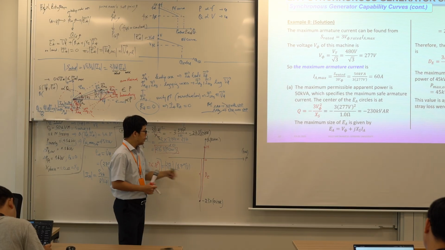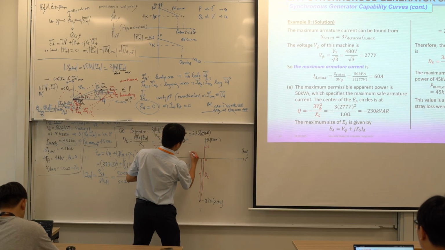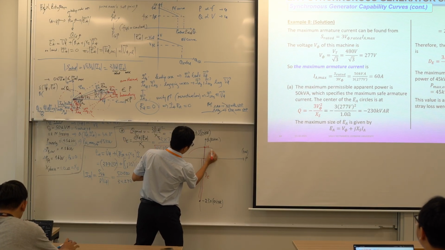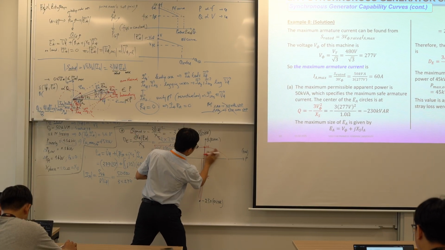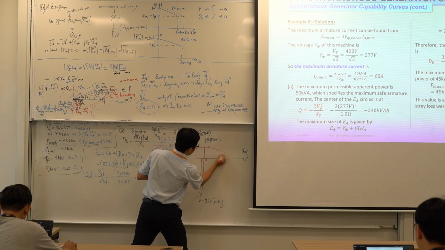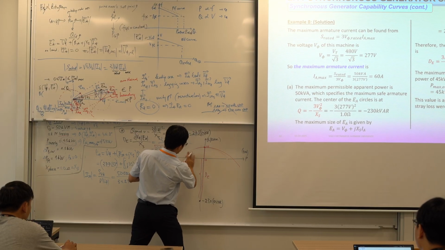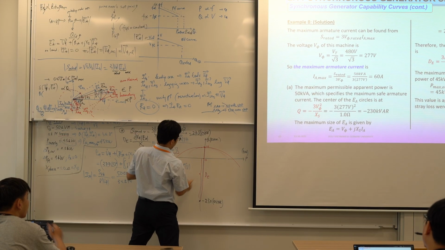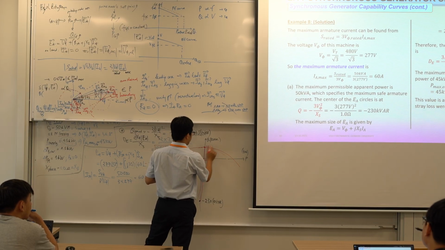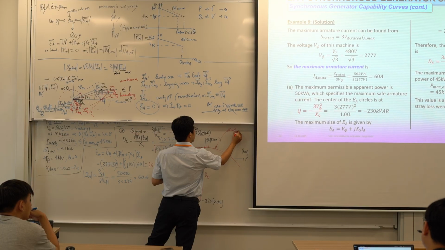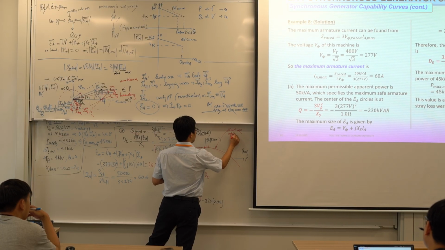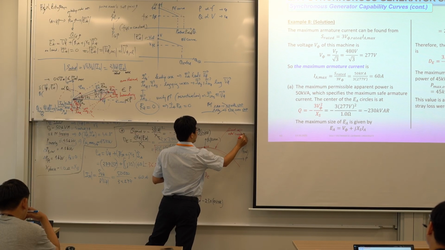So we get DE, and you can get the curve like this, just like this. So what is this? This is the limit of rotor current.